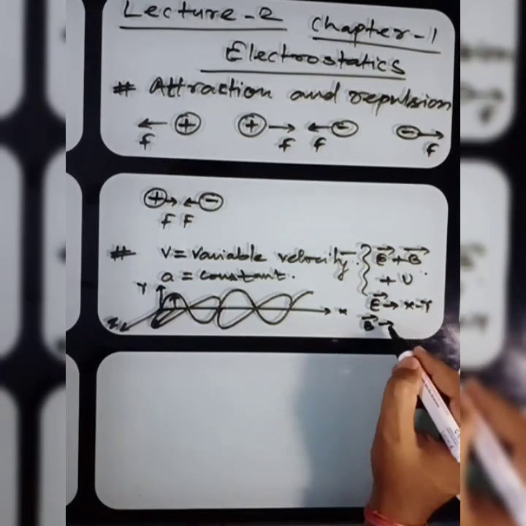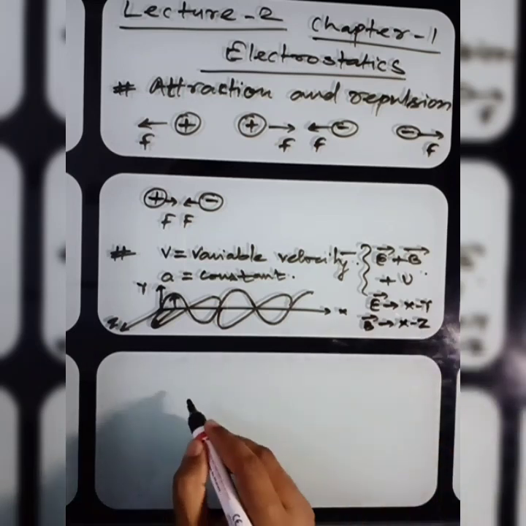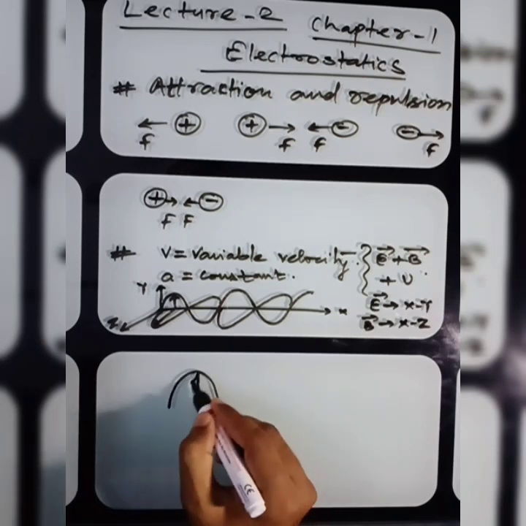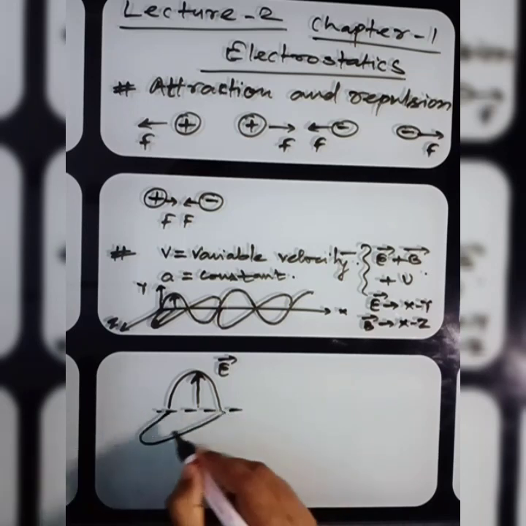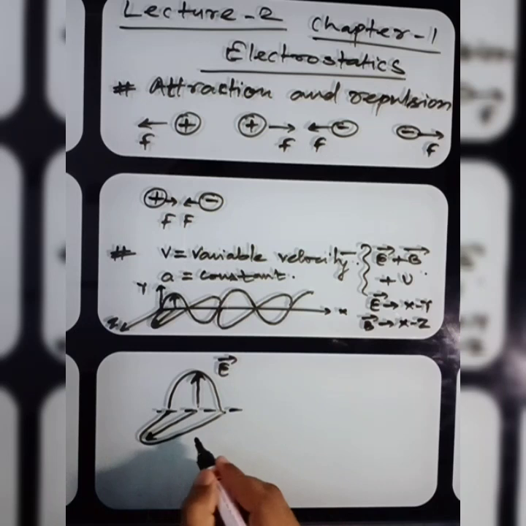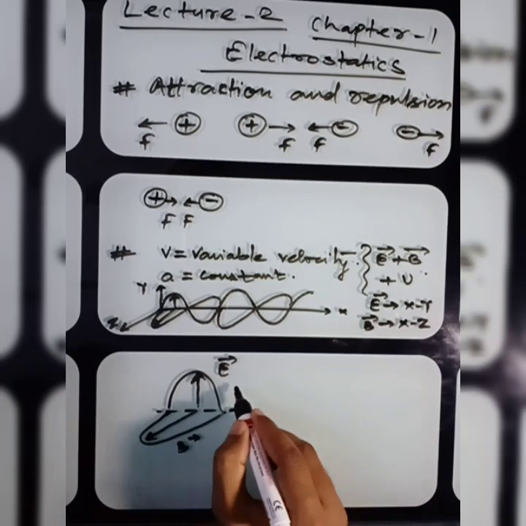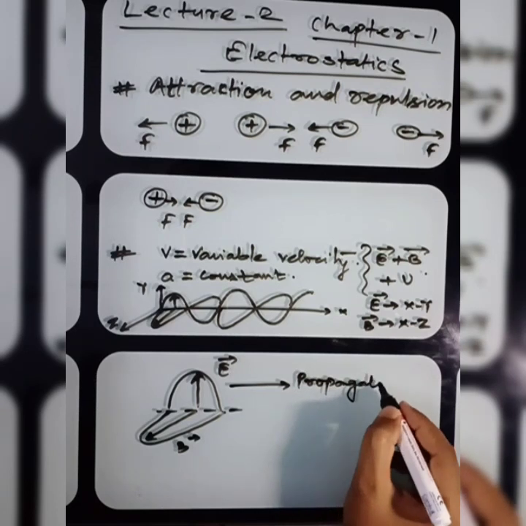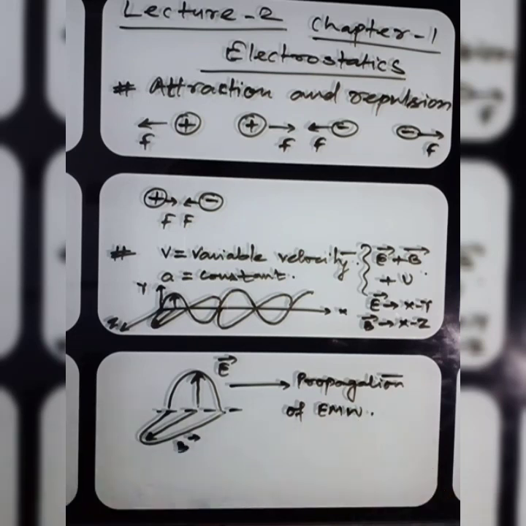Magnetic field in the XZ plane. So the magnetic field and electric field, this is the electric field E, and this is the magnetic field B, and this is the direction of propagation of the electromagnetic wave.